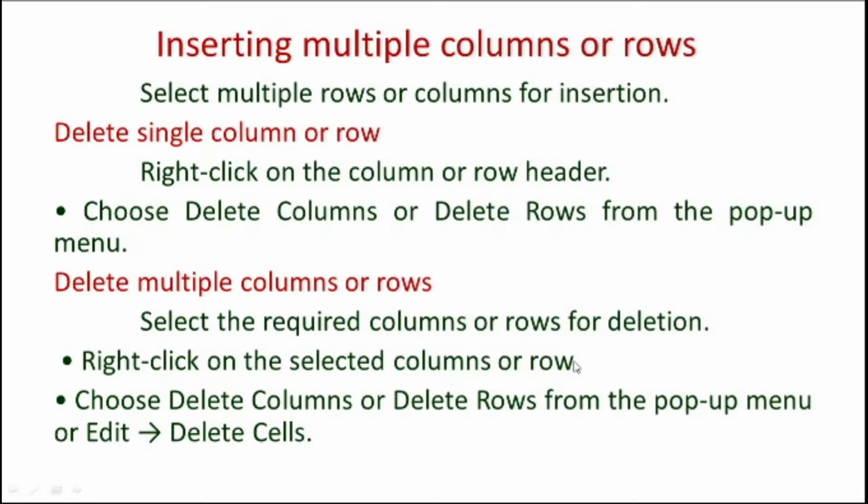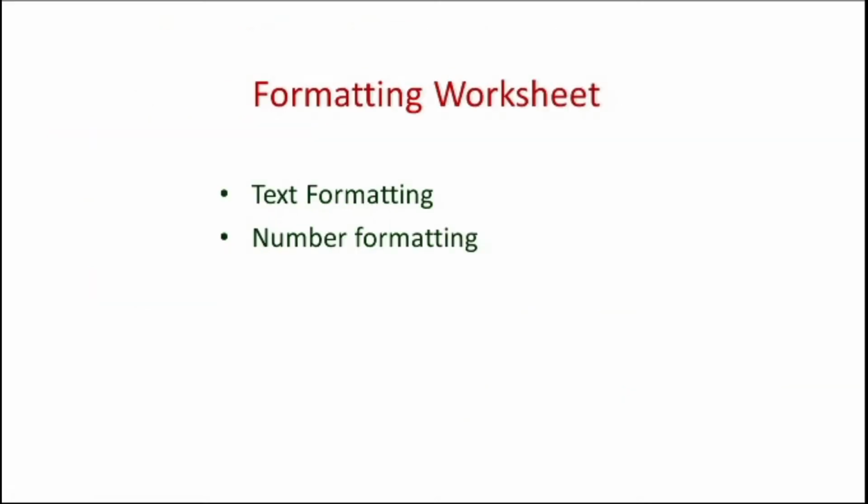Choose Delete Columns or Delete Rows from the pop-up menu, or you can use the Edit Cells option. Formatting worksheets. We are going to study text formatting and number formatting. In this presentation, we have seen the outline of what we are going to study in the demonstration class.